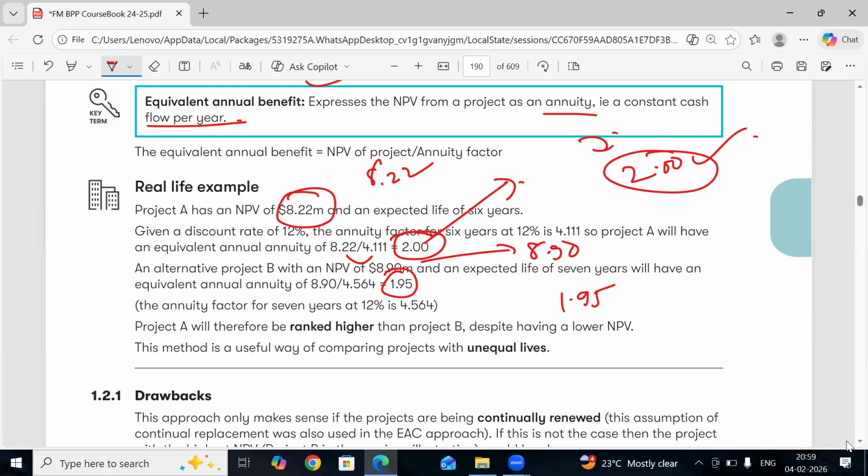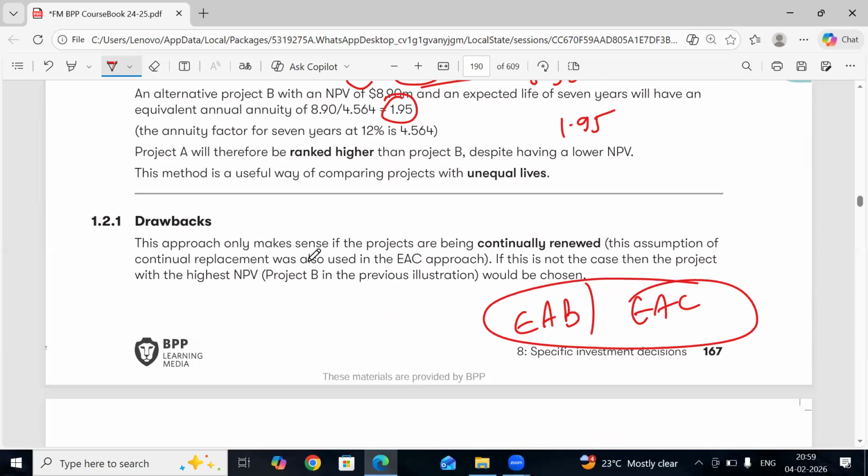But what are the drawbacks of this approach? This approach only makes sense if projects are being continually renewed. That means after 1 or 2 or 3 years, you again form a contract and want to continue the project. If that is not the case, then the project with the highest NPV would be chosen.